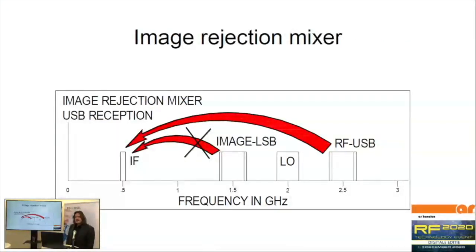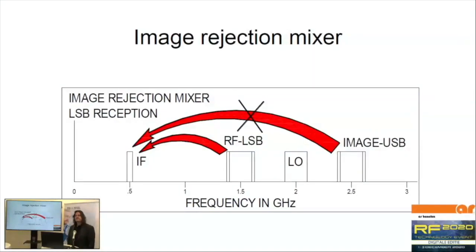If you don't want that, you can use an image rejection mixer. What does that do? Depending on how you set it up or which one you choose, it will cancel out one of the sidebands. So in this case, as it's shown here, it will only let through the upper sideband into your IF.